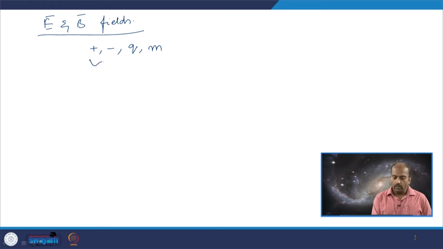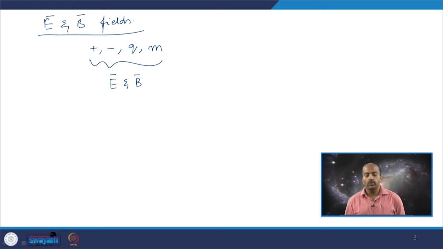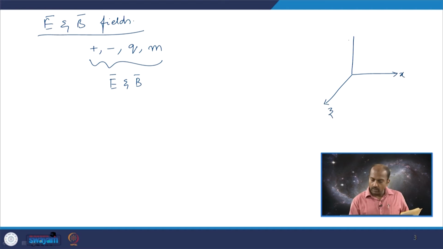Now, this is subjected to a field arrangement in which E and B are perpendicular to each other. Let us consider the coordinate system x, z and y.